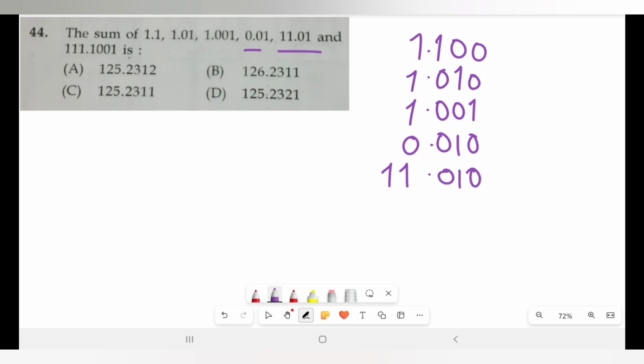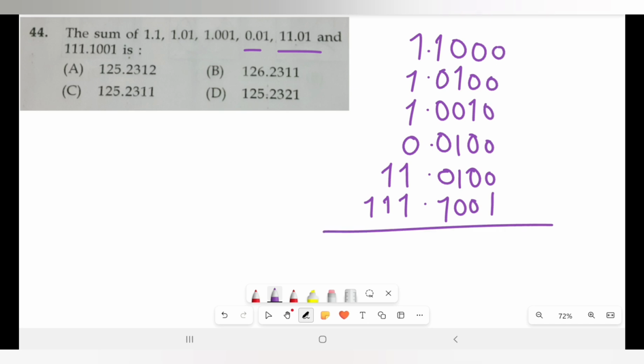So 11.01, and 111.1001, it can be written like this. All right, so let us add. Here 1 plus 1 is 2, and so on, carrying along the places. So 125.2311 is the right answer.